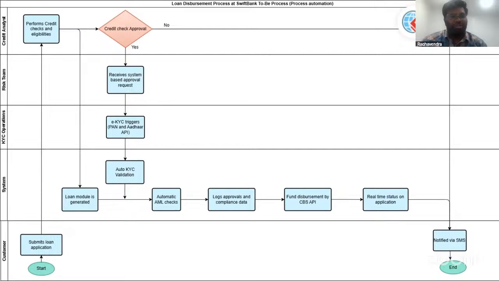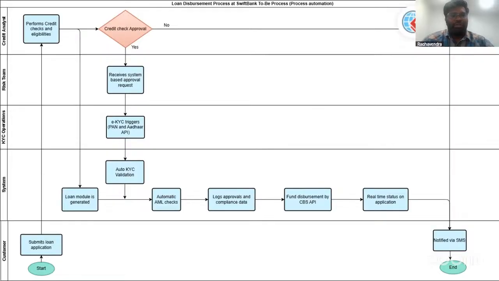If they get through these credit checks, it goes to the next level. Also, regardless of the credit check being yes or no, there is a loan module which is generated. It's an intimation that there is an application for the loan. And then once the credit check is done, it goes to the risk assessment like AML.